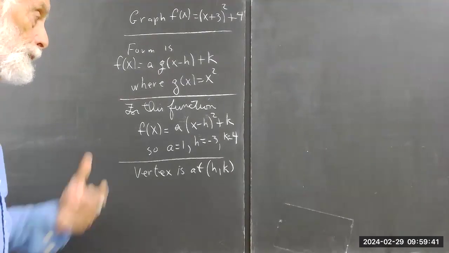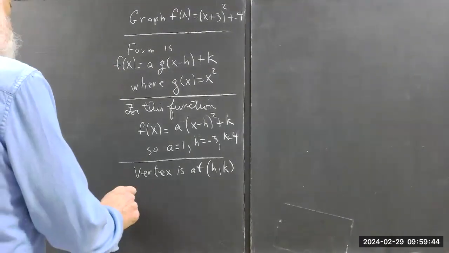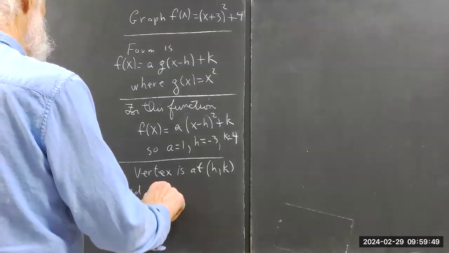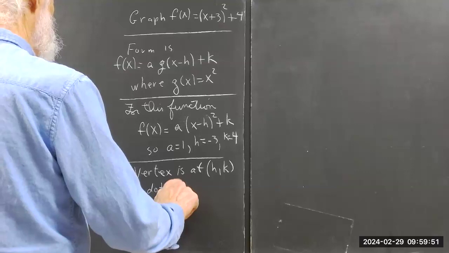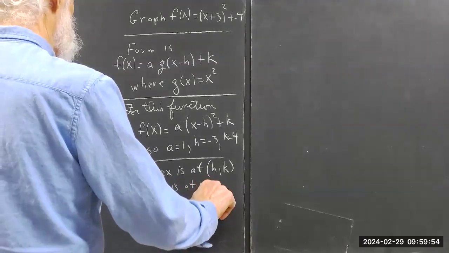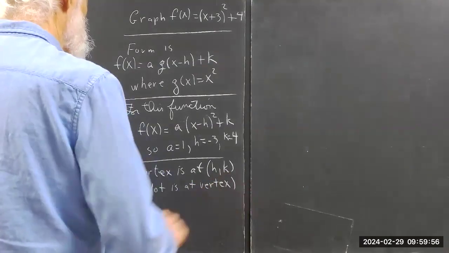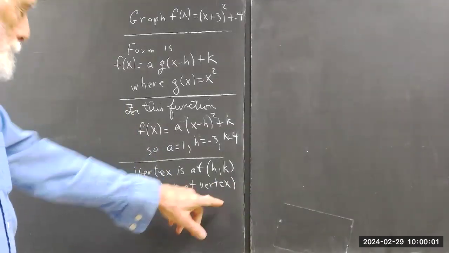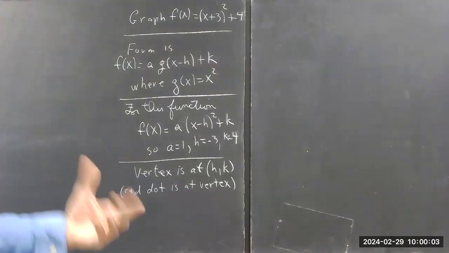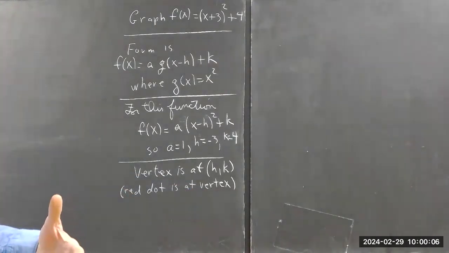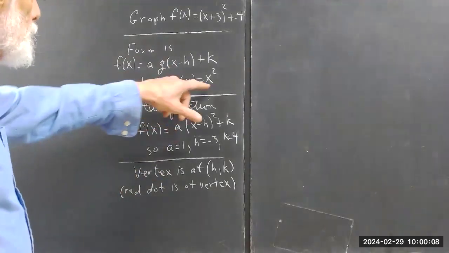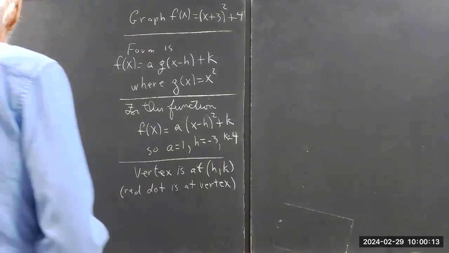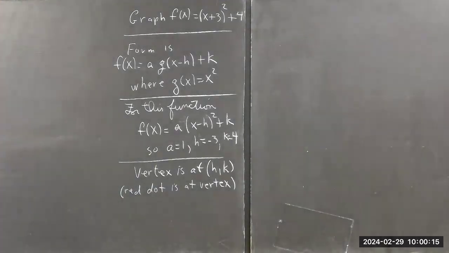When we did this and developed it in class, the red dot is always our origin, or the point to which our origin is translated, okay? And for a quadratic function, the red dot is at the origin. We need to understand all that to get real proficient with this.